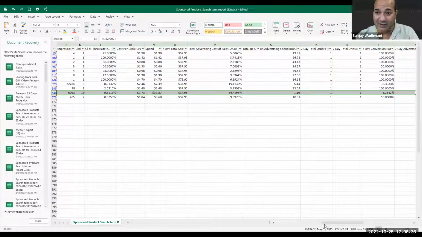If it's really costing you a lot of money and the conversions aren't good, just put it in negative ASIN and negative the brand name, and that should take care of it. If it's a keyword, then just put it under negative exact to get rid of that keyword. So next time when the campaign is running, it's not going to target it. Even if it gets targeted, it's not going to charge you for that keyword phrase, and that's going to take care of it. Finish.